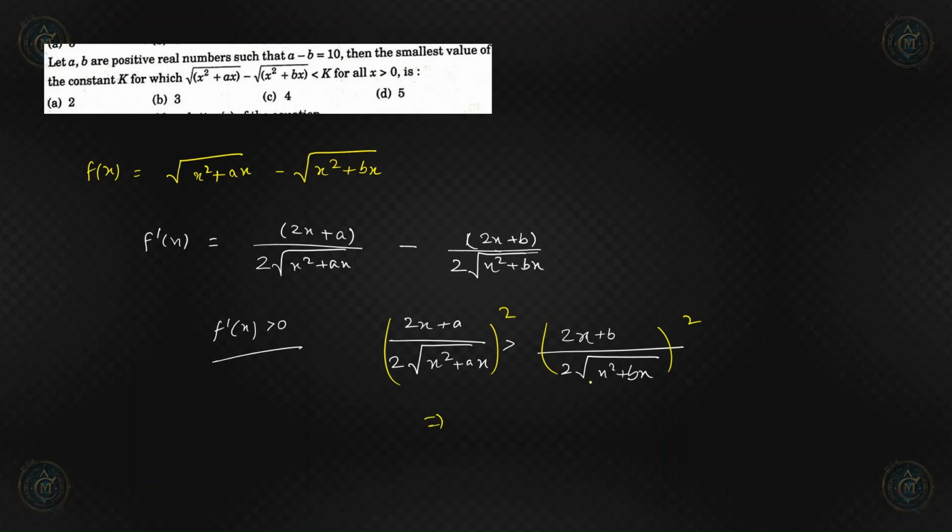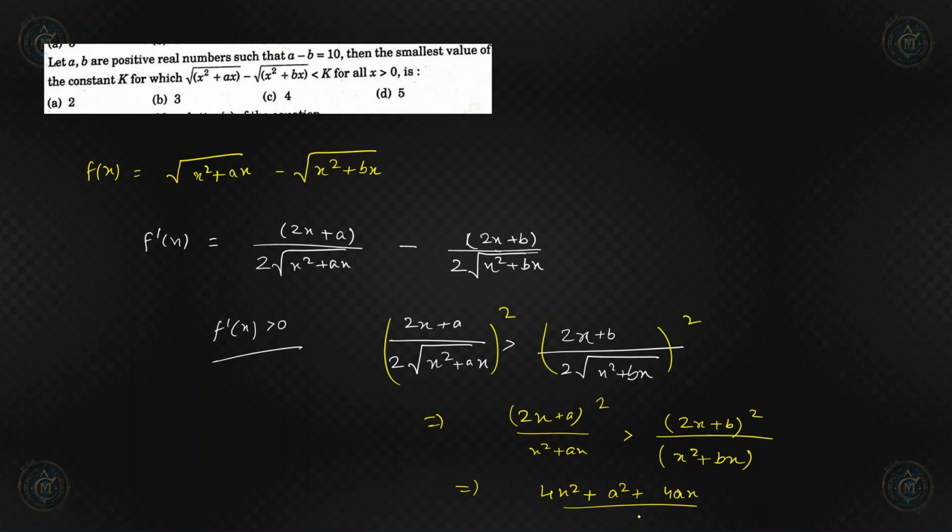Okay, so this becomes 2x plus a whole square divided by x square plus ax is greater than 2x plus b whole square divided by x square plus bx. If we simplify this, 4x square plus a square plus 4ax divided by x square plus ax is greater than 4x square plus b square plus 4bx divided by x square plus bx.